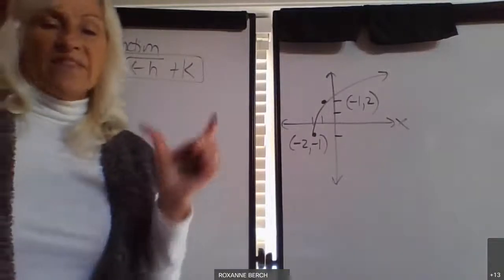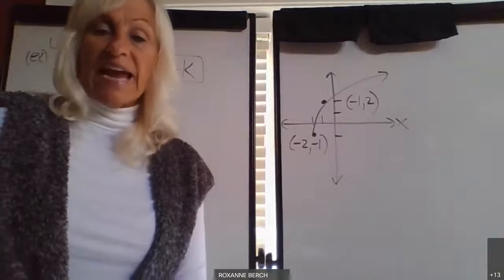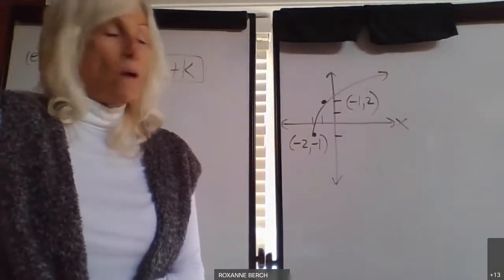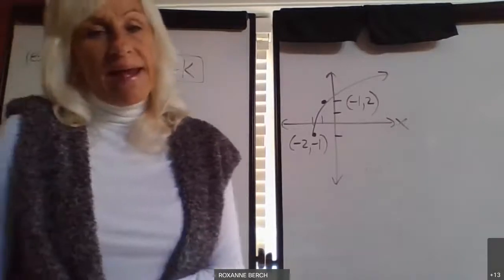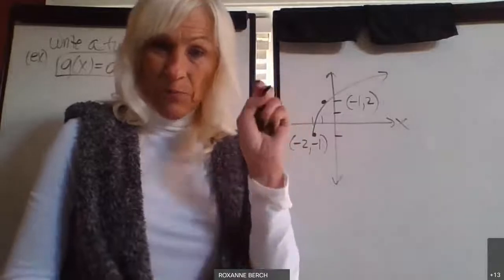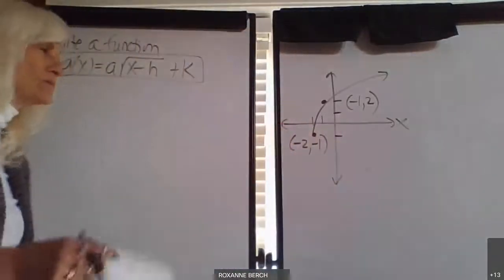Now, when we had the quadratic, the vertex was HK. When we had the cubic, it was the middle point. So guess what HK is here?